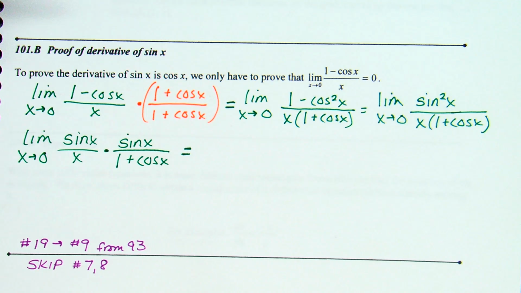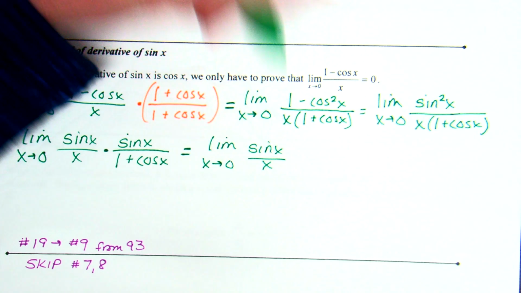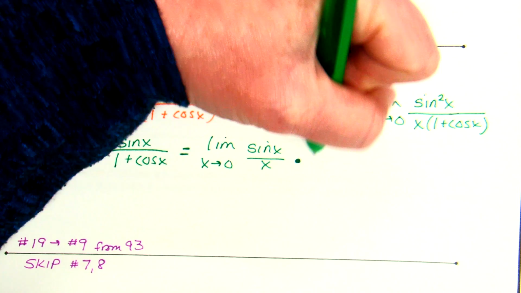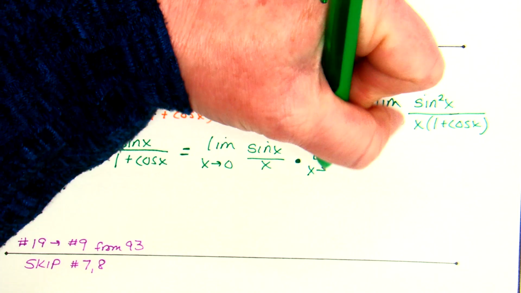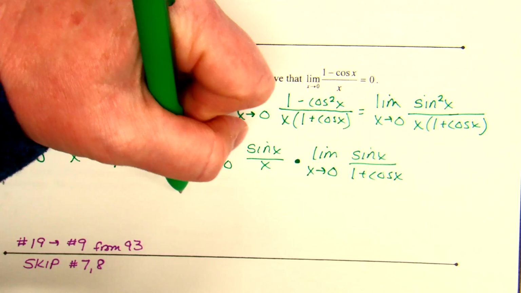So I can say the limit as x approaches 0 of the first fraction, sine x over x, times, and then we can repeat the process, the limit as x approaches 0 of my other fraction, which is sine x over 1 plus cosine x.